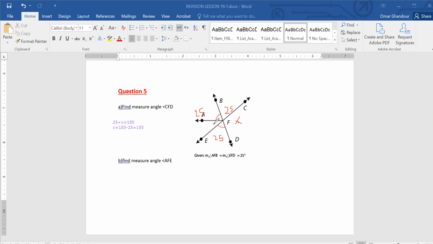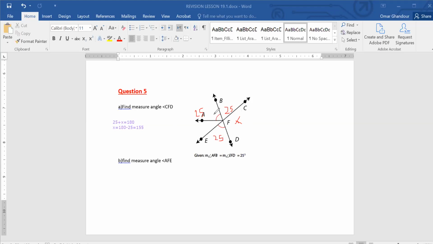Yes, exactly, Amira. Very, very good. Excellent. 25 plus 25 plus x equals 180. So what did Amira do? But you didn't need the vertically opposite angle, but it's okay.